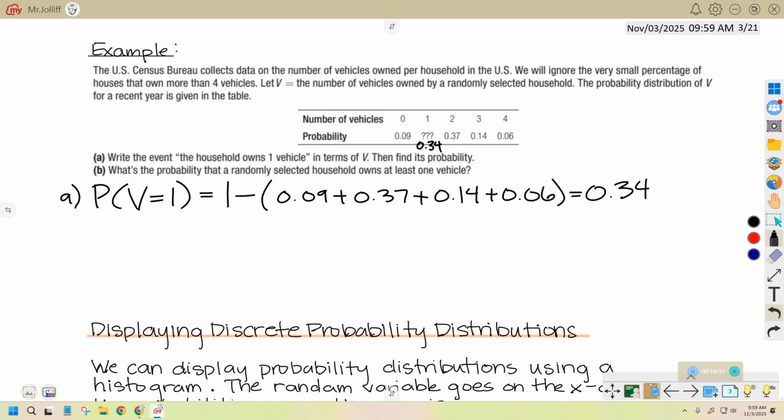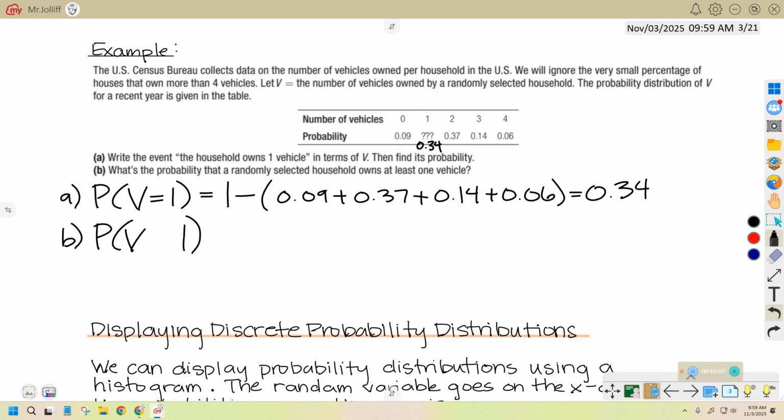Now we can answer B. And B says, what's the probability that a randomly selected household owns at least 1 vehicle? So first question is, how do I write that using probability notation? So P, I know there's a V, I know there's a 1.